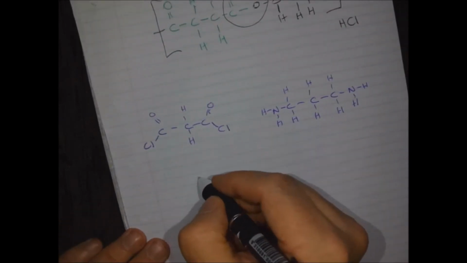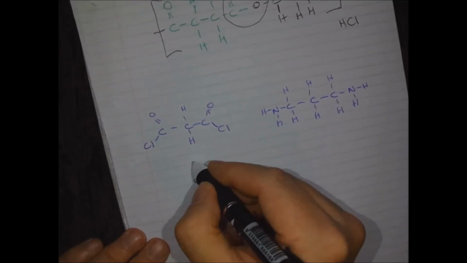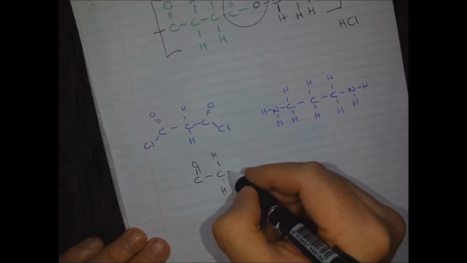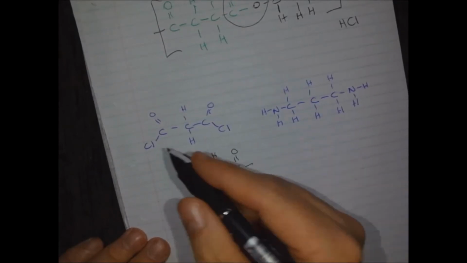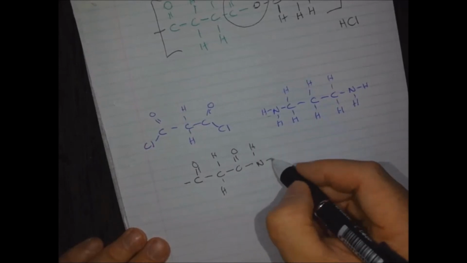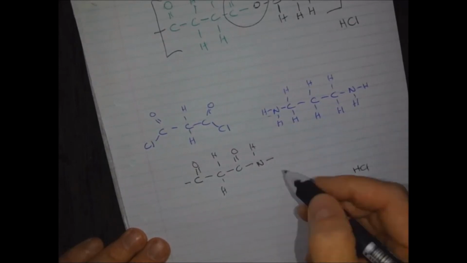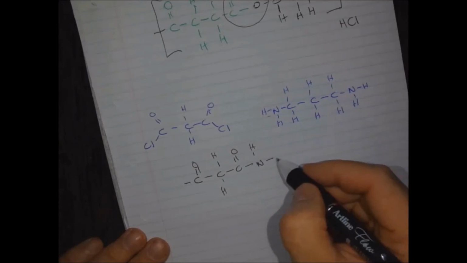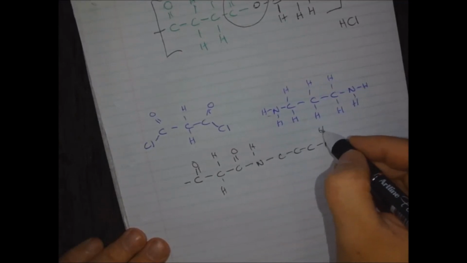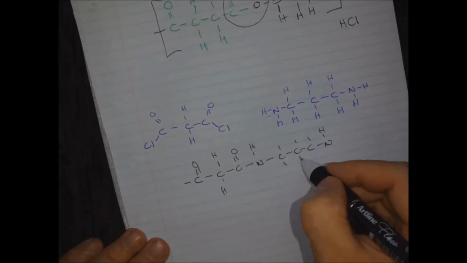If we go further down, again, I really want you to see the similarities between all these, the way you join them together. And I've got this, so we've just got 3 carbons, a lot of copying, and this, because there's an N, it's going to be an amide bond, and again it's going to be HCl that gets kicked out, and I'm just going to copy that all, that's 3 carbons, 1, 2, 3, we go to an N, and there's just more H's joining in.